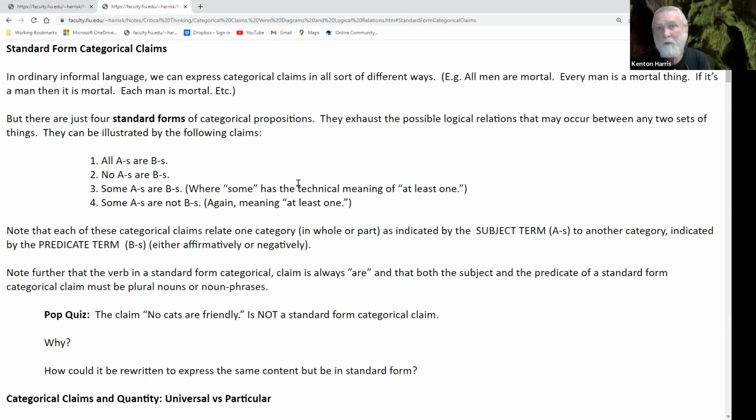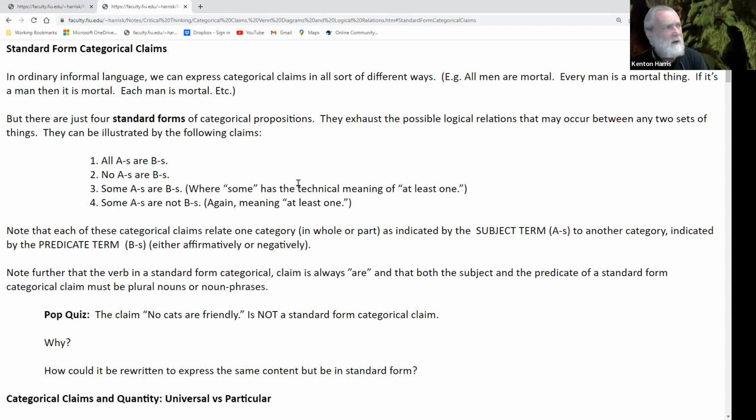But if I said all men are mortal, and I ask you, is that a standard form categorical claim? The correct answer is no, right? And why is that? Because the predicate of that sentence is not a plural noun and it's not a plural noun phrase, it's an adjective, right?